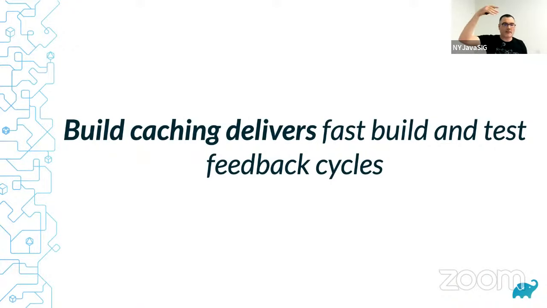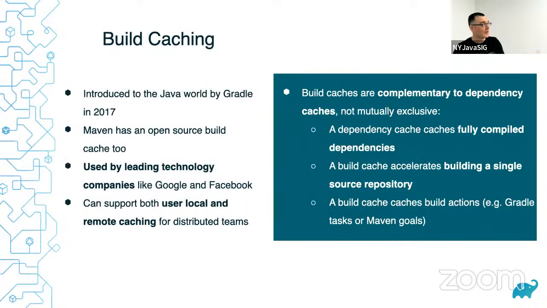All right, so let's go through all these topics. Build caching, again, some folks have heard of this. I think this is one of the easiest ways to speed up your builds. Gradle has a build cache, and Maven now has a build cache. You could turn these on right now and get a lot of benefit out of this.